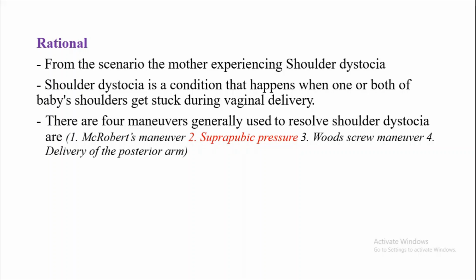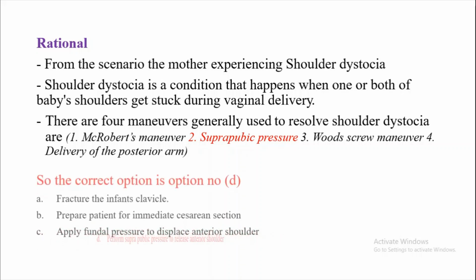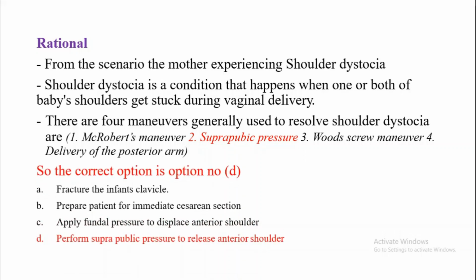They are number 1, McRoberts maneuver, and suprapubic pressure, and Wood's screw maneuver, and delivery of the posterior arm. So the correct option is option number D. Perform suprapubic pressure to release anterior shoulder.